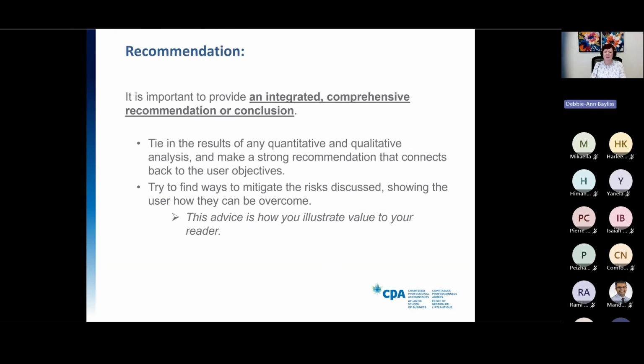When it comes to your recommendations, it's really important that you provide an integrated, comprehensive recommendation. You'll notice in some of the feedback guides, it'll specifically say that you provided a supported recommendation. A supported recommendation is not when you say, based on my quantitative and qualitative analysis, I recommend implementing this option.